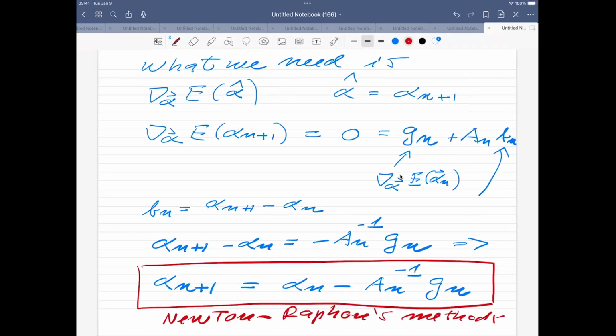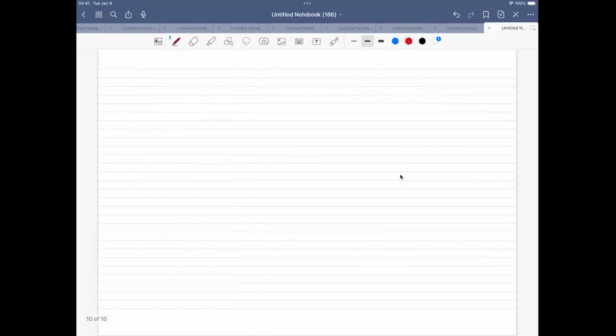So you would start with a guess, and then you would just keep going till you reach the final point where this gradient is equal to 0.